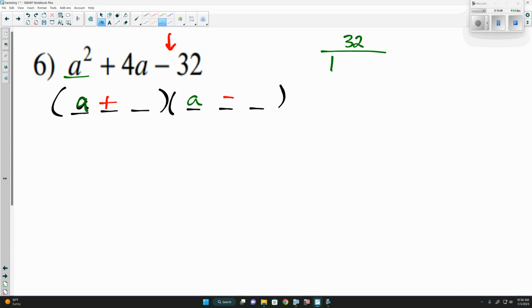Well, we have 1 and 32. 2 and 16. Will 3 work? No, because a number is divisible by 3 if the sum of its digits are. So 3 plus 2 is 5. 5 is not divisible by 3. So 32 is not either. 4 and 8.